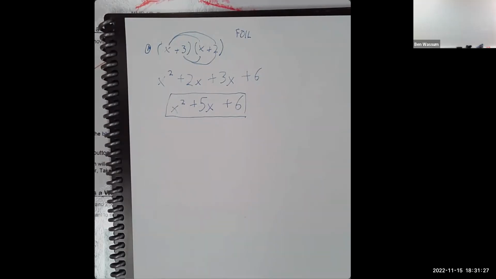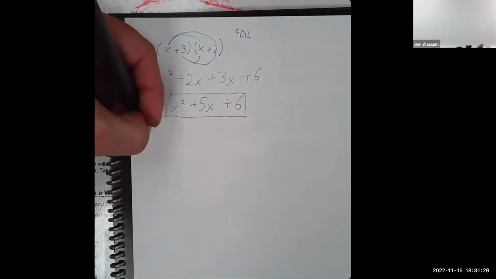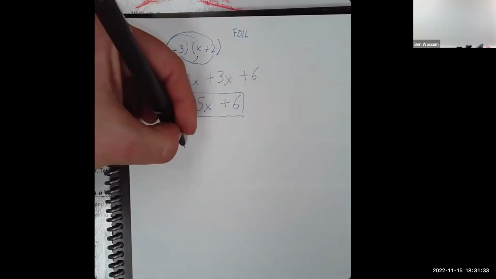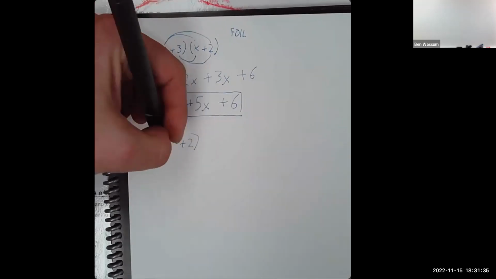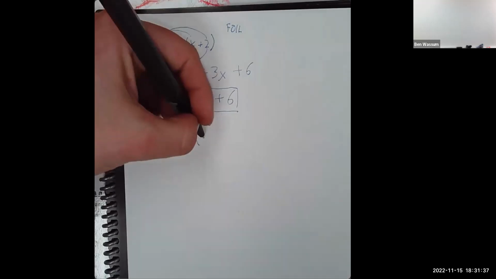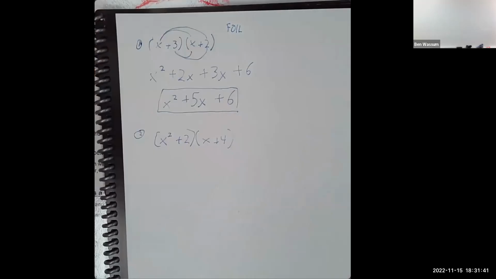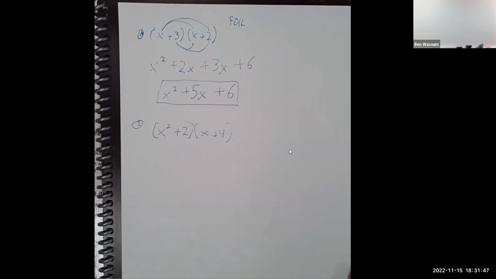Next one is a little bit more complicated looking. So we have x squared plus 2 multiplied onto x plus 4.